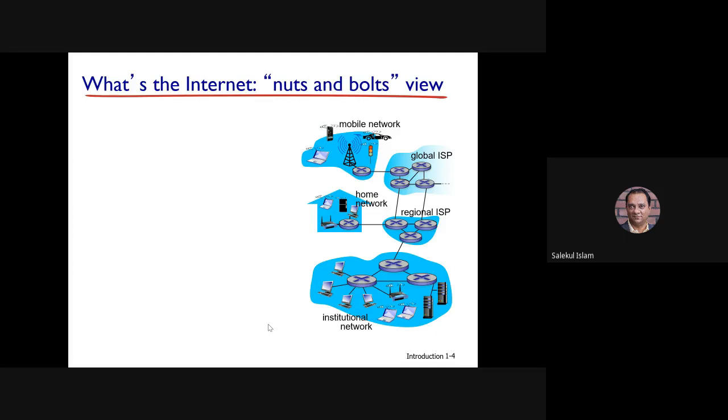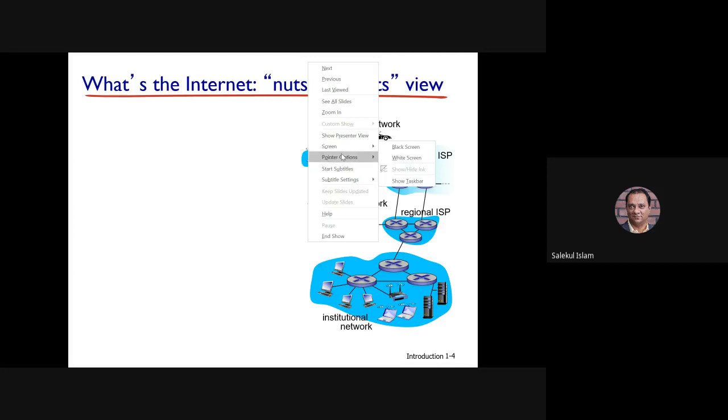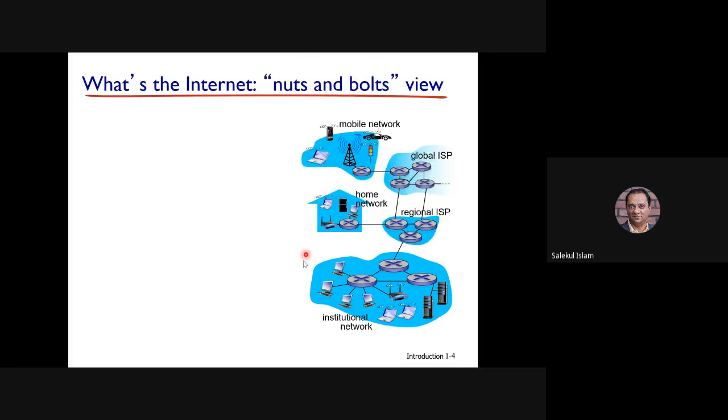If you look at that network, say for example, right now most of us are connecting from a home network, right? Maybe I am using some broadband connection, maybe you are using mobile data.